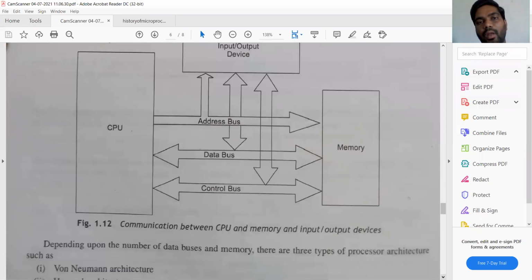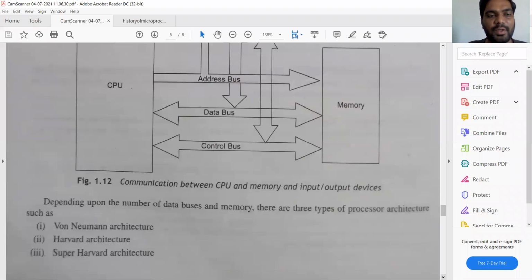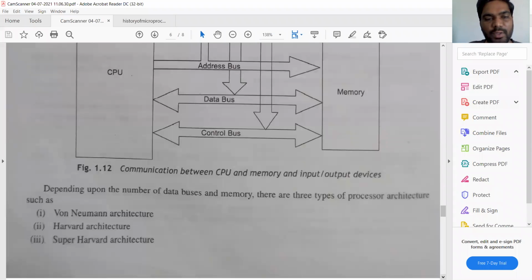Now this microprocessor architecture is classified into three different categories, depending upon the connection of these buses and different devices. The basic classification is Von Neumann architecture, Harvard architecture, and Super Harvard architecture.